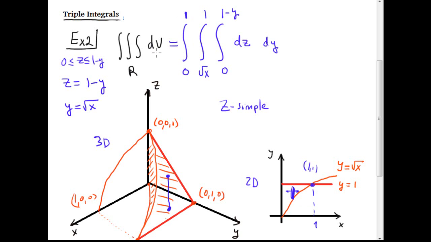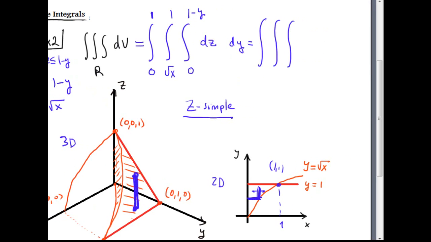This is one possibility. Another possibility, also using z simple, is that I integrate in this direction. Again, the double integral we are doing in that direction. Okay, let's do it. Triple integral, another possibility to set up. Z simple. Okay, I forgot here.